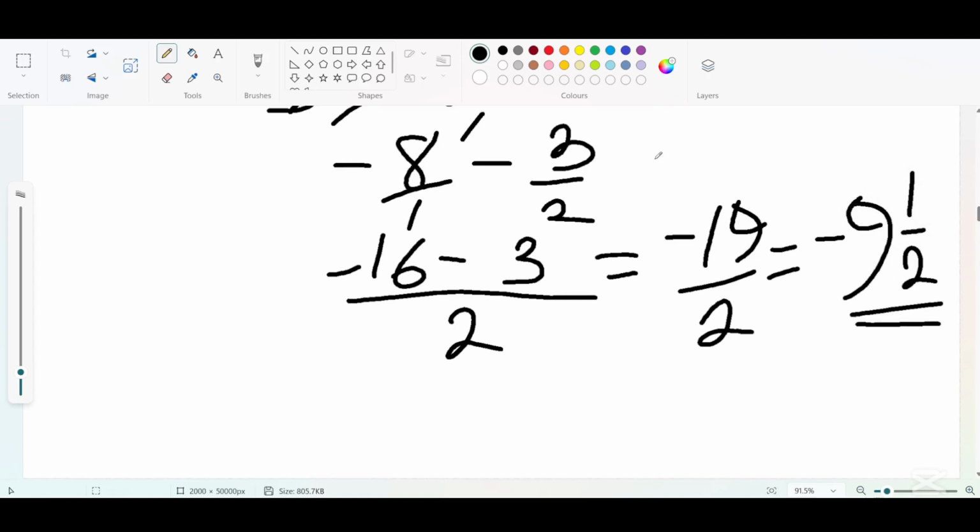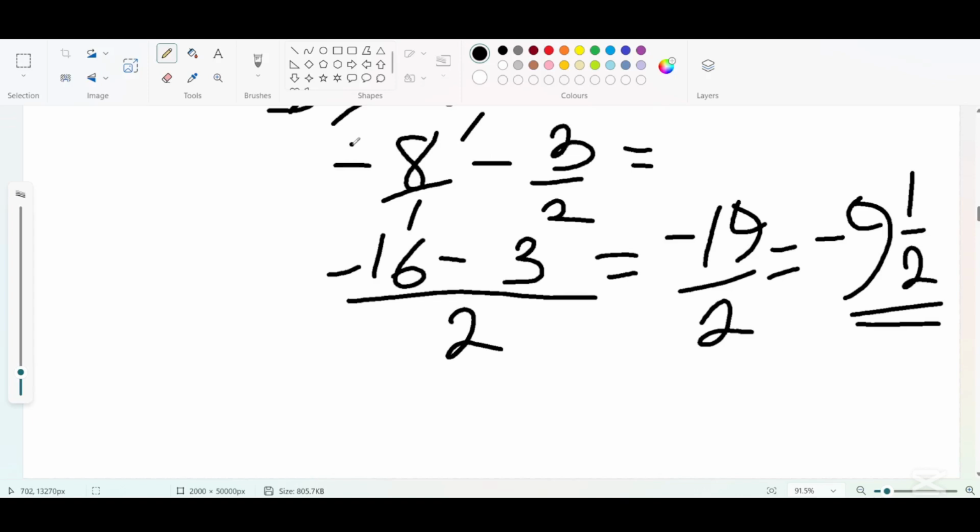Like I said earlier, if we want to get this directly without having to go through this procedure, if you have a whole number on one side and a fraction on the other side, a shortcut way to go about this is to use the denominator here to multiply the whole number, which is 2 times minus 8. That's minus 16. So that's minus 16 minus 3.